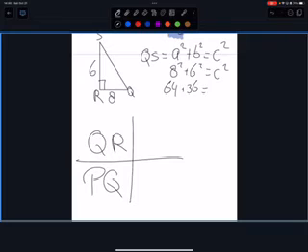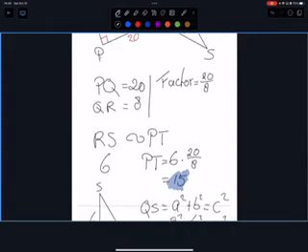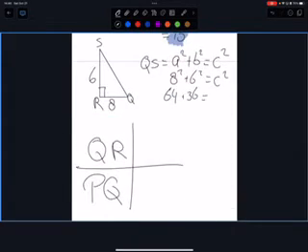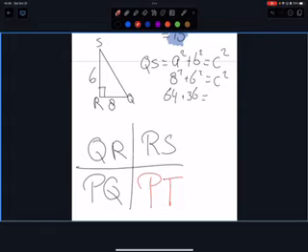The one you have and the one it represents beneath, always. Go back up. Which one do you have? RS has to represent what? PT. I'll change the color. PT, that's it. The one you have, the one it represents.